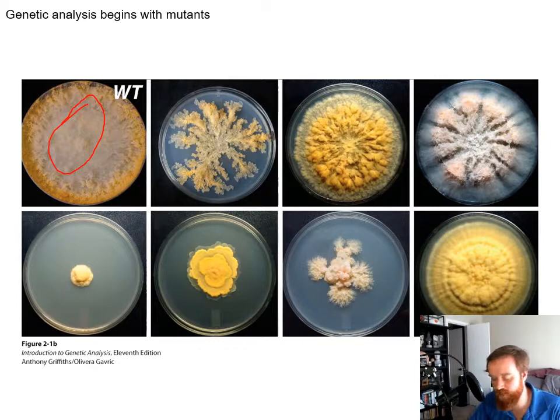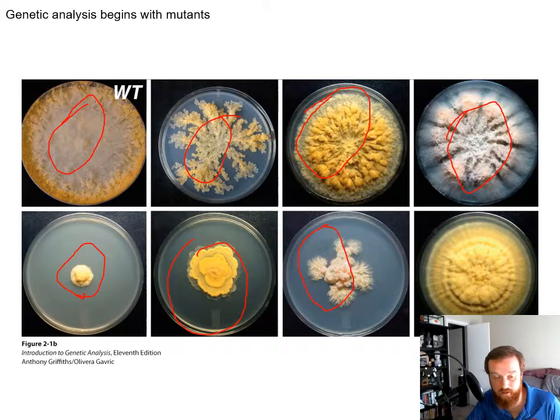Those of you that have had microbiology already will know what a lawn is, so it's just completely covered this petri dish. But changes in certain genes cause different growth parameters for this bacteria. This is all the same species of bacteria, but certain genetic changes change how that behavior is achieved in this organism.